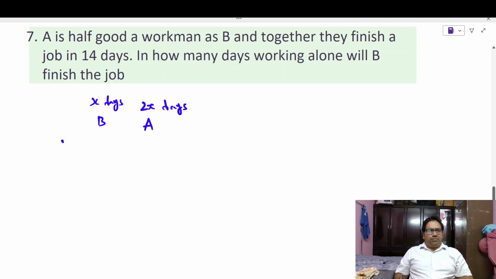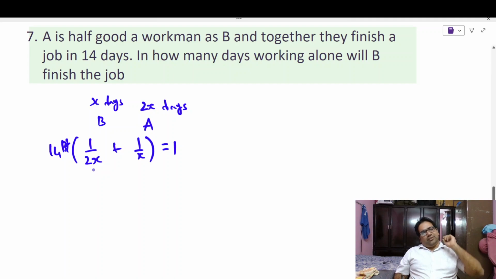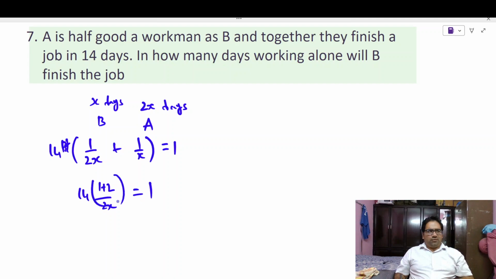Now let's say they work for P days together. Daily A is doing 1 by 2x worth of work, and B is doing 1 by x worth of work, and this is equal to 1. This P is already given. This P is actually 14. They took 14 days. Daily A is doing 1 by 2x and B is doing 1 by x. 14 into 1 by x plus 1 by 2x. This is 1 plus 2 by 2x. 14 into 1 plus 2 by 2x is equal to 1.